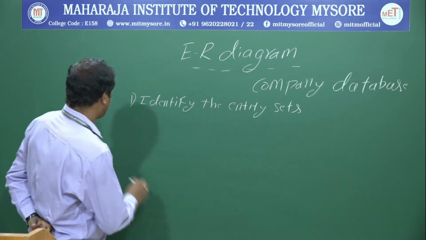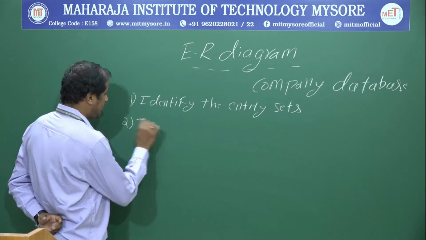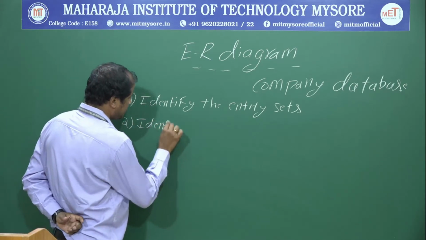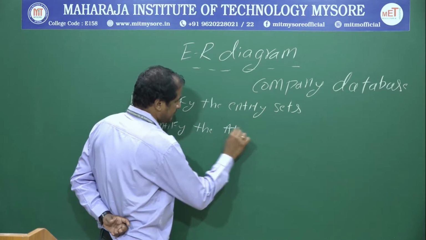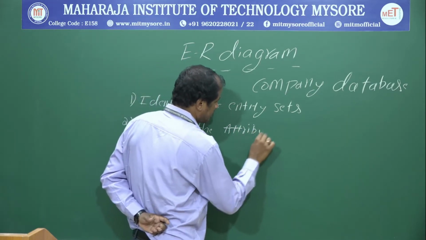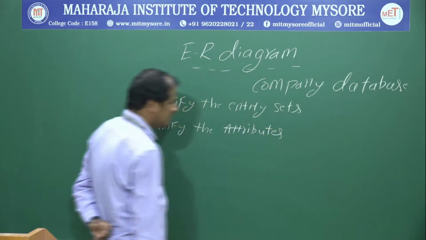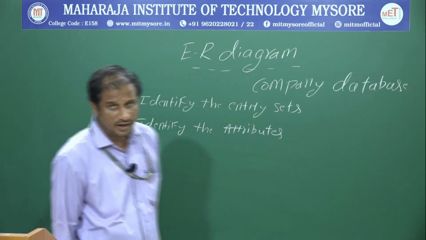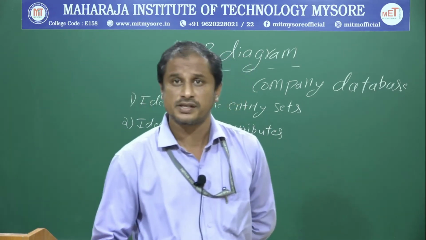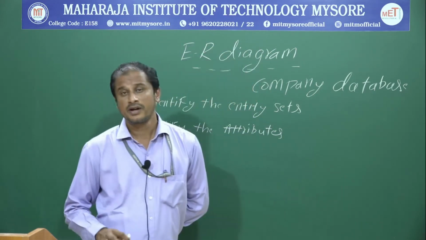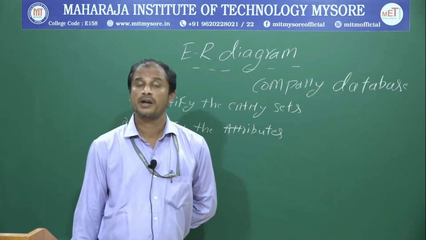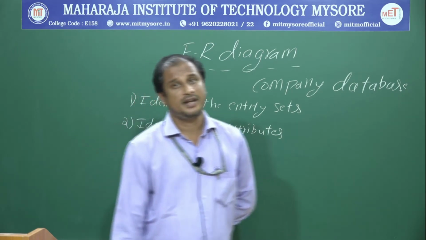Okay. Next step is to identify the attributes you need to identify for a given database. For a company, we have entities like employee, department, project, and dependents.